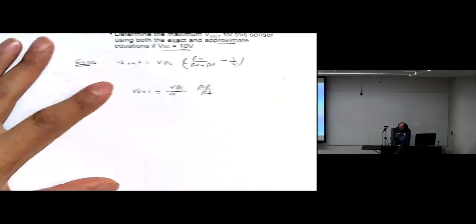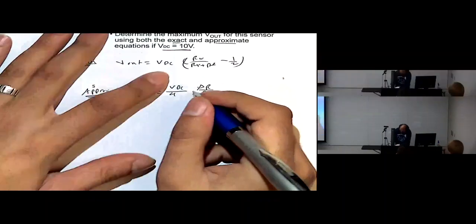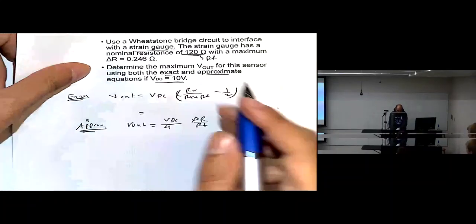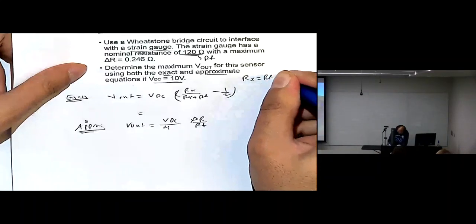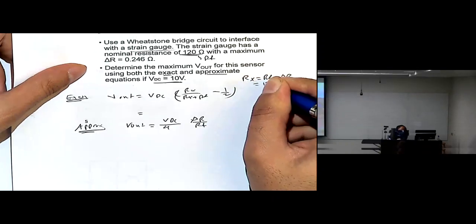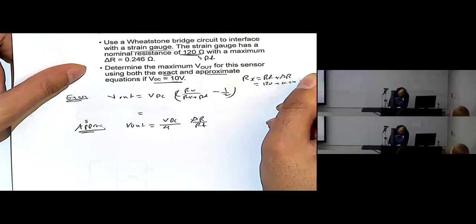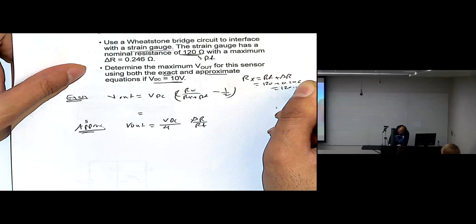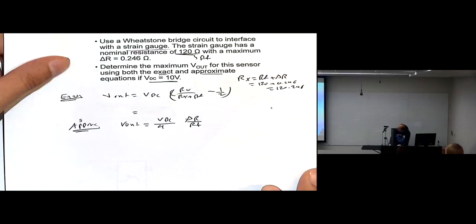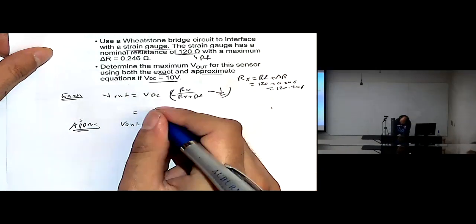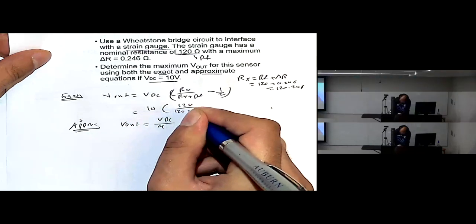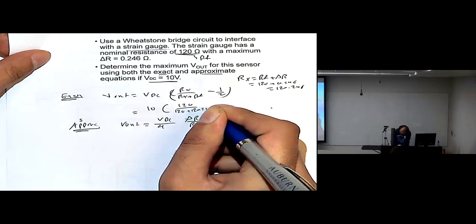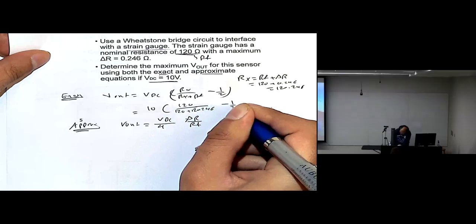How can I find them? For the exact, we know RF, we know delta R. So we can say RX equals RF plus delta R, which is 120 plus 0.246, then 120.246. Then substitute this. We have VDC equal to 10, times RX 120.246 over 120 plus 120.246, minus 1 half.